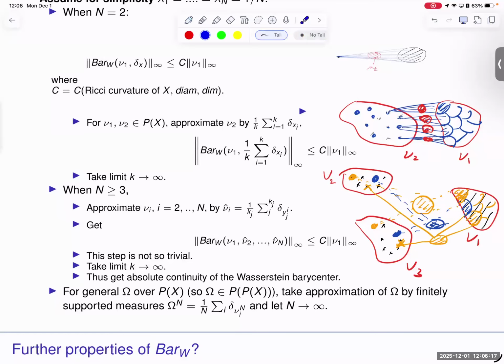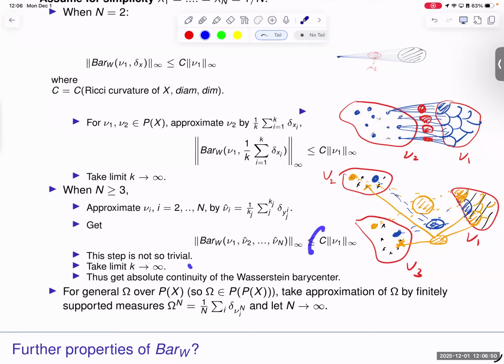My point is that if you do this, you will have in the middle for the Wasserstein barycenter something absolutely continuous. Of course, I just drew the picture in such a way, but you can actually prove it. But this step is not so trivial. Then for this Wasserstein barycenter with the discrete mass for the other marginals, we still have this density upper bound by this absolutely continuous measure, mu 1.